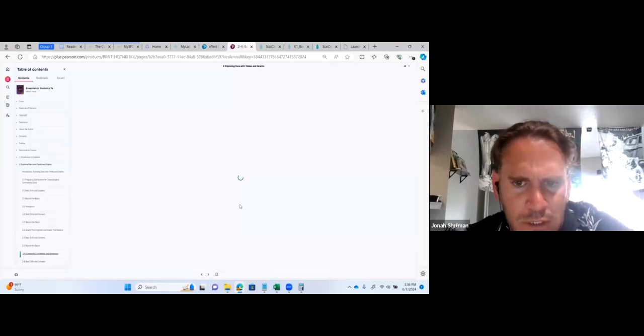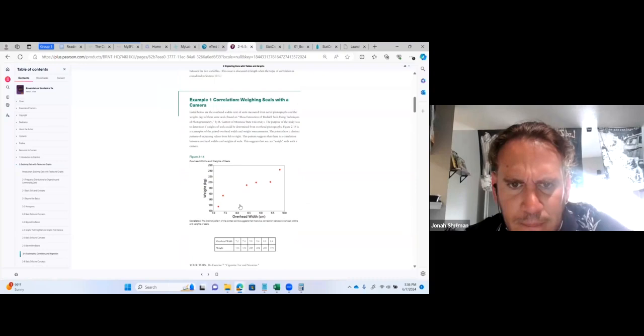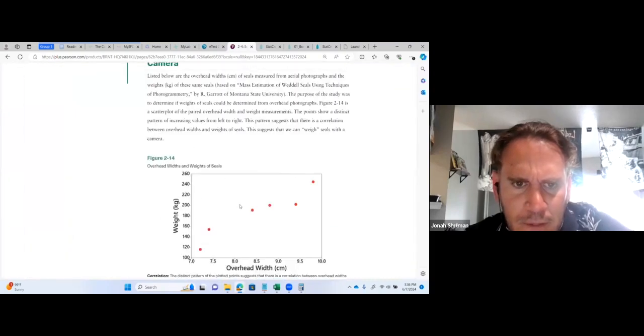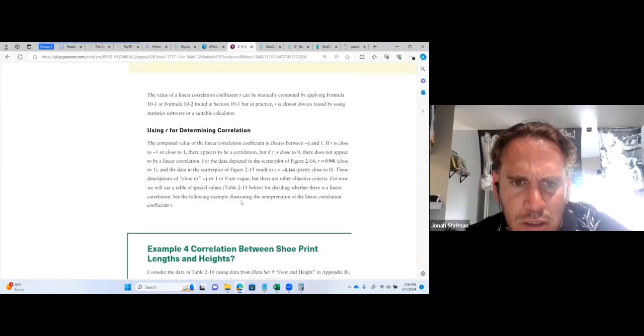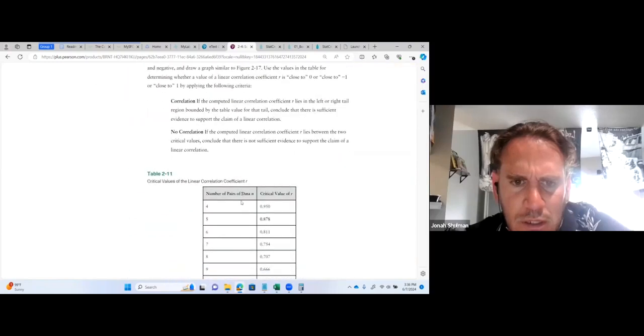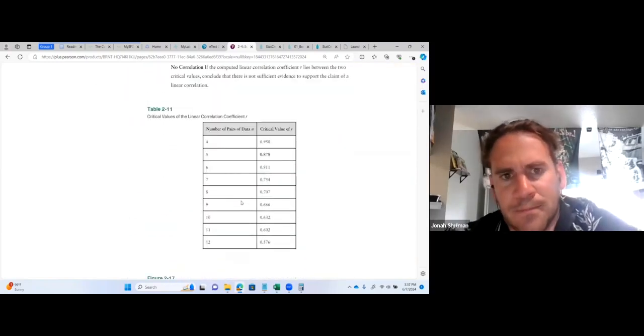Let's find the 2-11 table. That's 2-14, but that's a figure. Here's 2-11. Sweet.